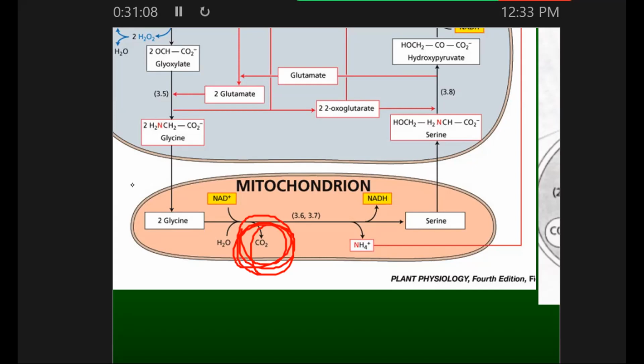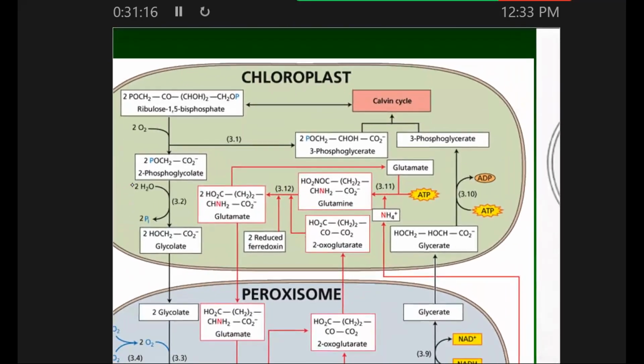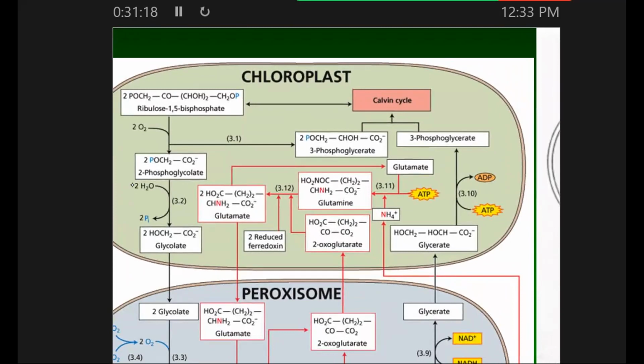Then you're going to see that it circles back out of the mitochondria, the products go into the peroxisome, and then we finally work our way back to the chloroplast. By the time the PCO cycle is all done, you end up taking that phosphoglycolate through that whole process, and actually have to do it twice because phosphoglycolate is a 2-carbon and you need to end up with a 3-carbon.